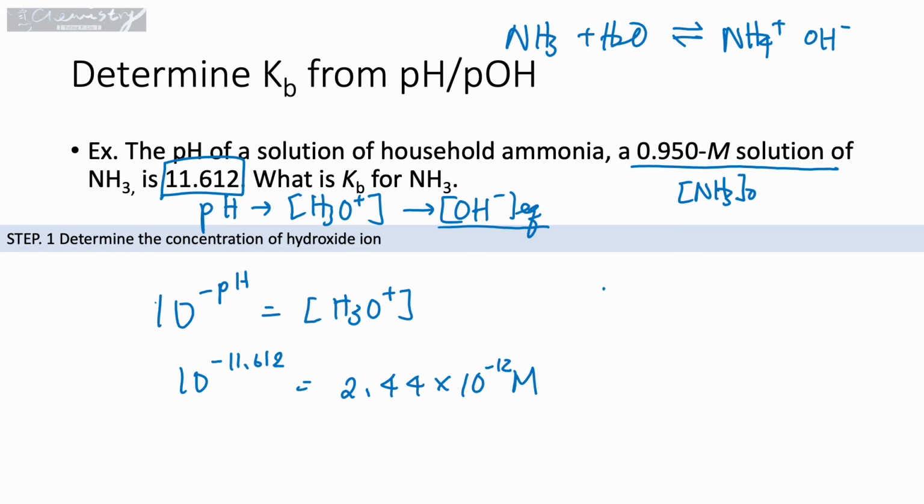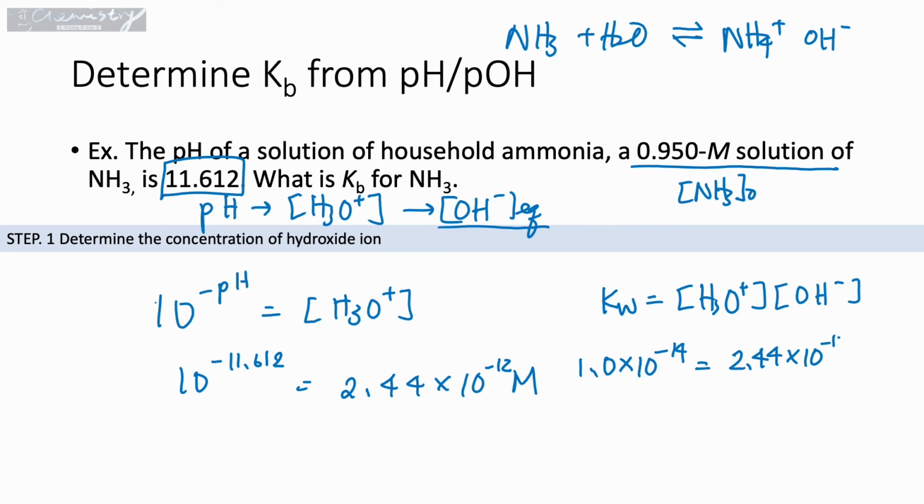And we know that Kw is equal to the concentration of the hydronium ion multiplied by the concentration of the hydroxide ion. So 1.0 times 10 to the negative 14 is equal to 2.44 times 10 to the negative 12, which is what we found over here, multiplied by the concentration of the hydroxide ion.